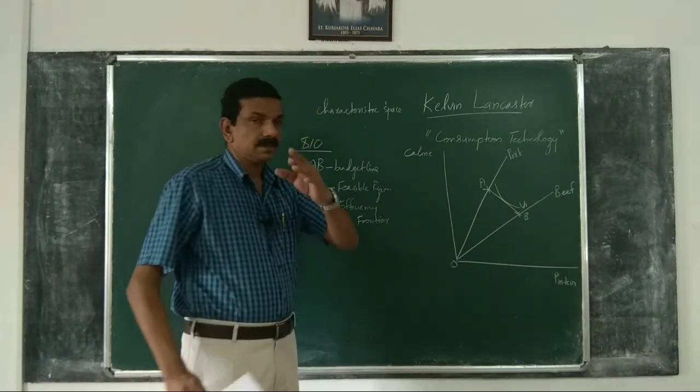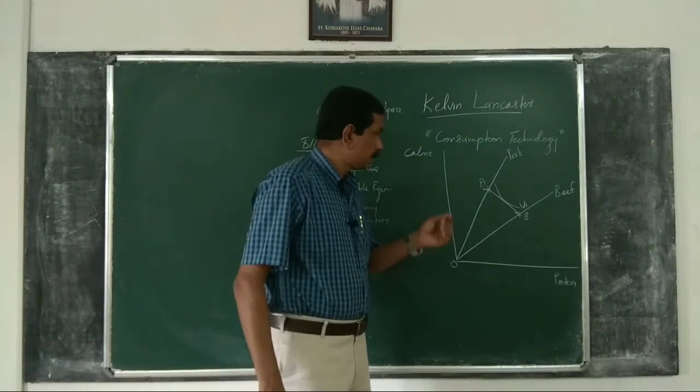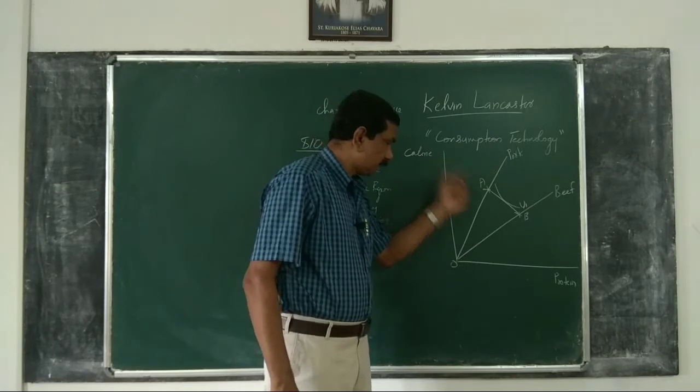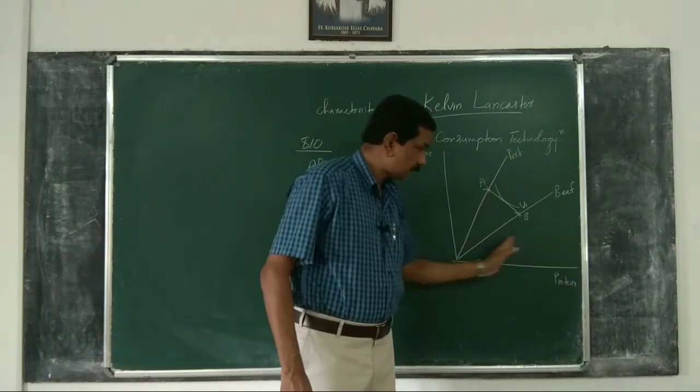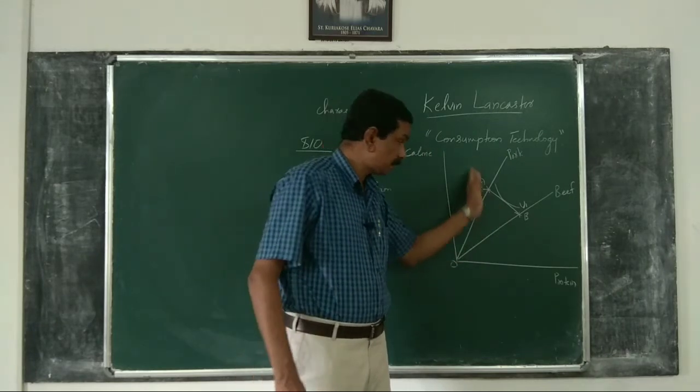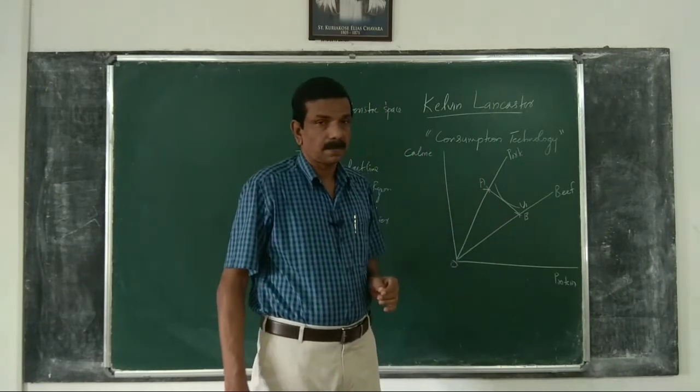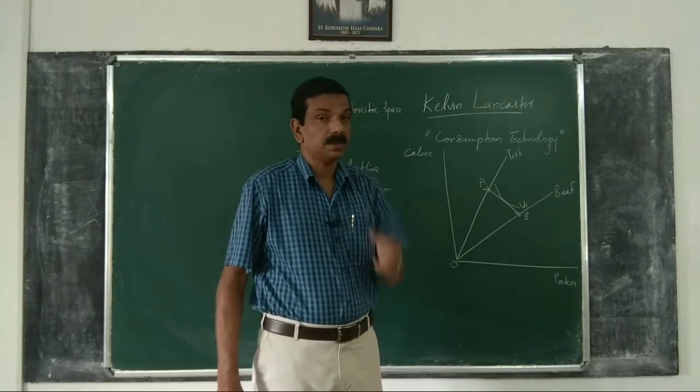You know that in the indifference curve analysis, we have a commodity Y here, commodity X here. So in this space we have indifference curves representing different levels of utility.